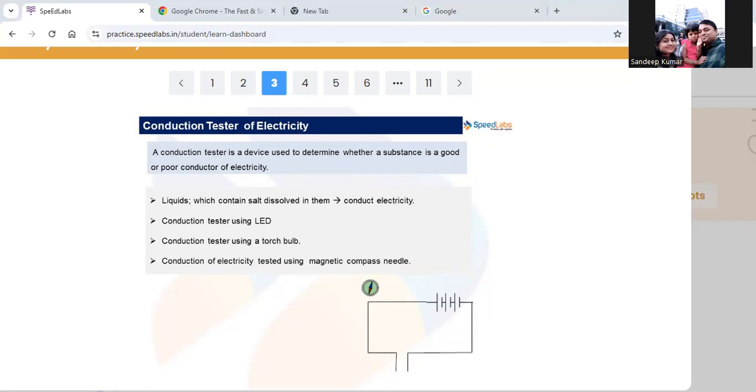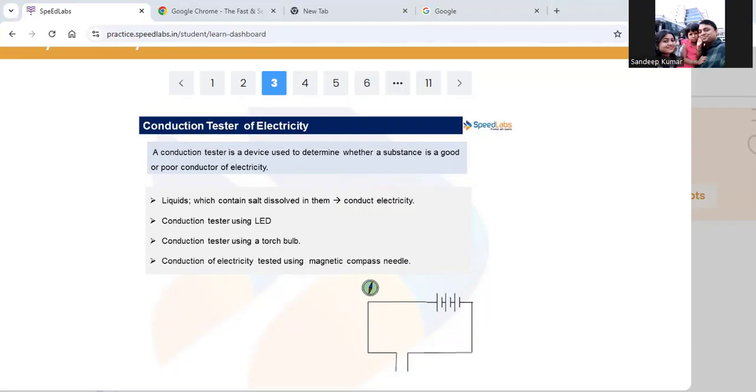These are the electrodes made up of graphite. Once this liquid solution is conducting, this is a salt solution, NaCl solution. If it is conducting, then what will happen?